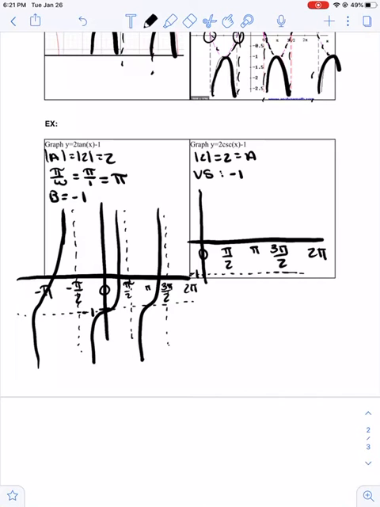So I'm going to label this -1 and do our dotted line. And then just graph our sine function. So our sine starts usually at 0 and goes up 1. So now we're starting at -1, going up 1, down 1. So it's really going to -2.